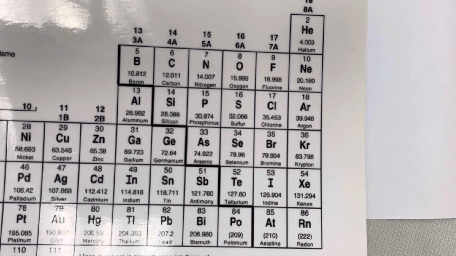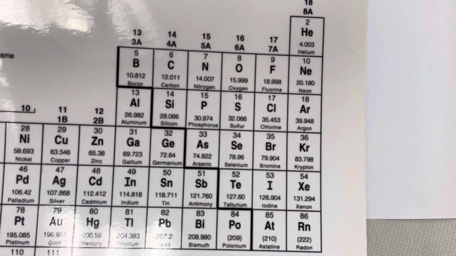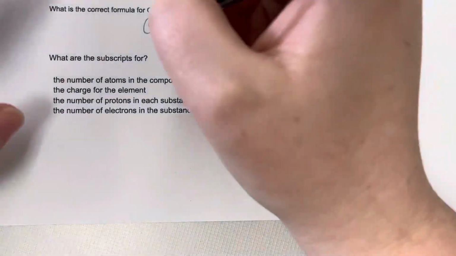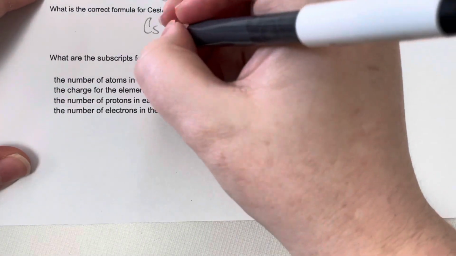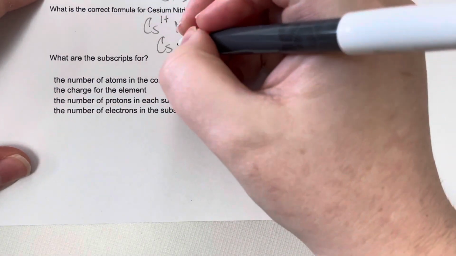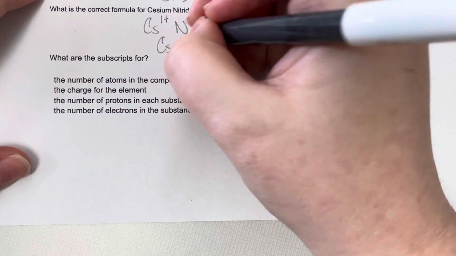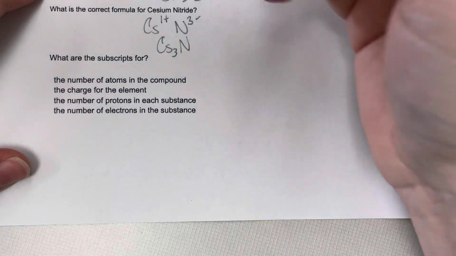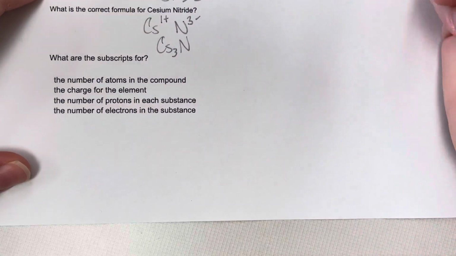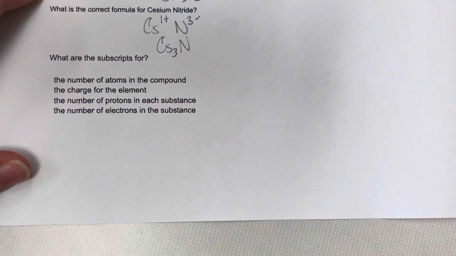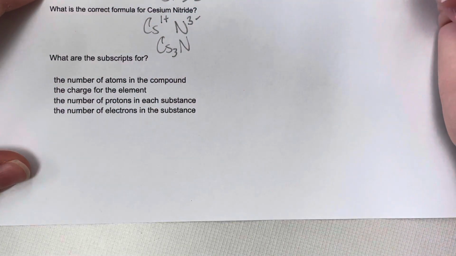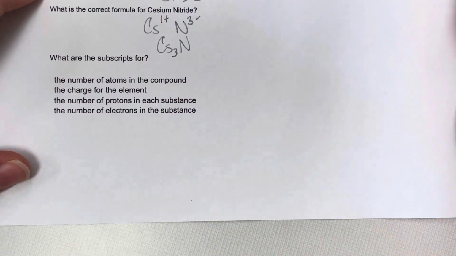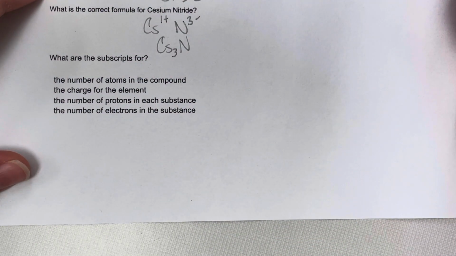Having 5 but wanting 8 means I'm going to steal 3. Stealing is bad, so I'm going to have a negative charge of -3. I will crisscross charges for subscripts, and that will turn that into Cs3N with an invisible 1. And then I'll check the ratio to make sure that I am already in the lowest possible ratio. So 3 to 1 is already simplified, so that means that's my final answer, Cs3N.